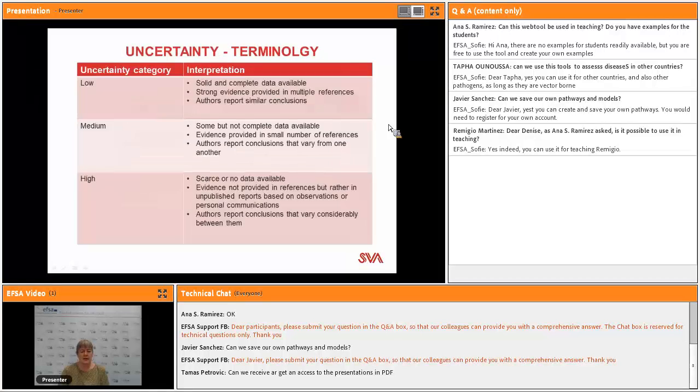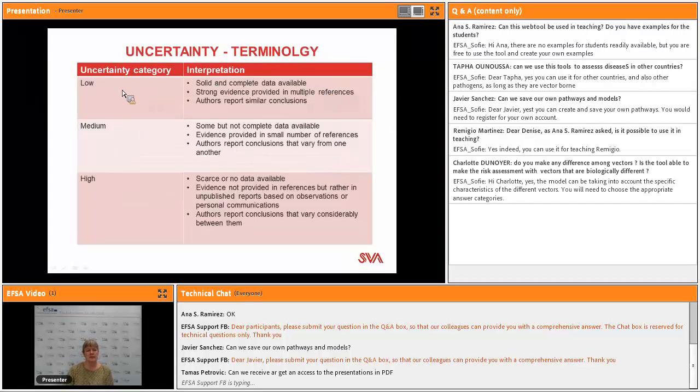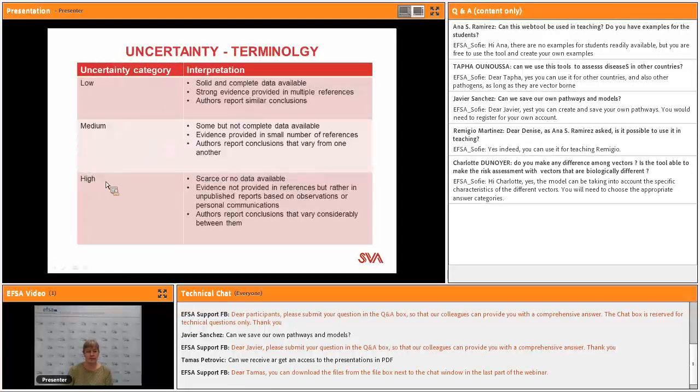A little bit the same with uncertainty. We use a scale with 3 categories. Low uncertainty means that we have solid and complete data or good trade statistics or whatever. And high uncertainty, we have to rely on unpublished observations or personal communications, for example.